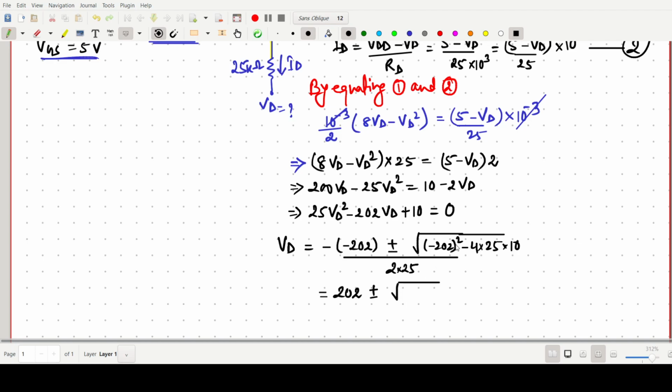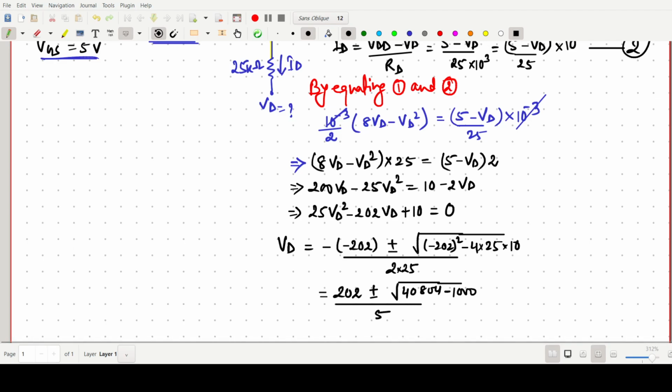So if we do the calculation, it will come 40804, minus 1000, so this will be in the denominator 50. Or one can also write this as 202 plus or minus the square root of, if we subtract 1000 from this 40804, it will come 39804.